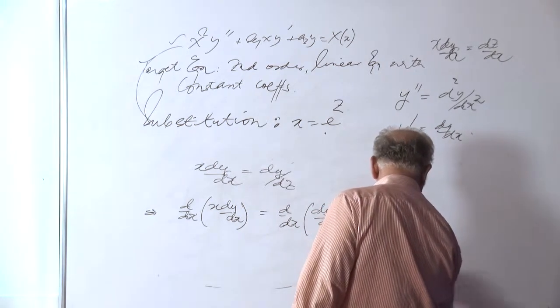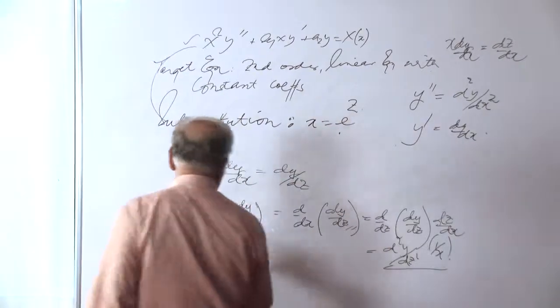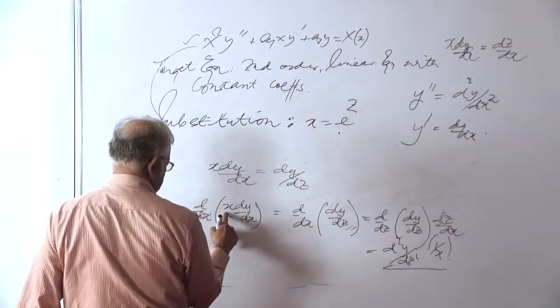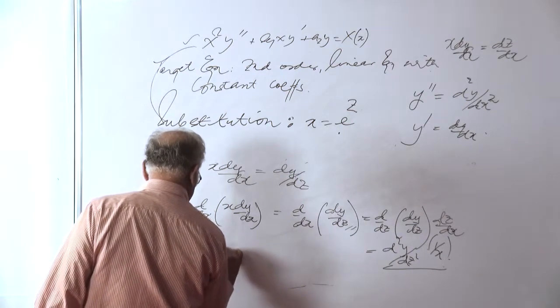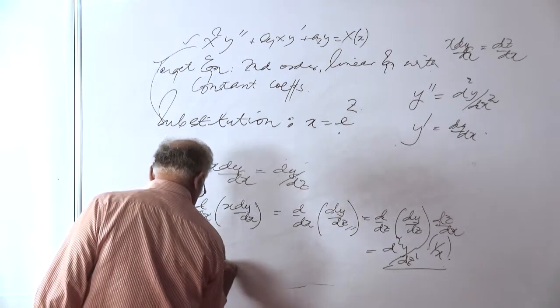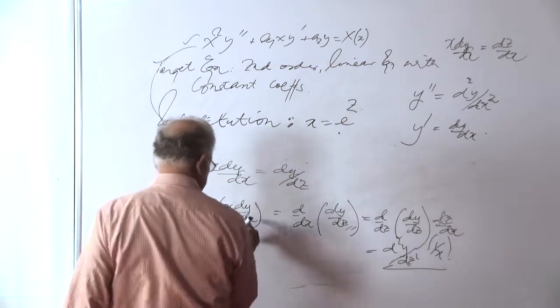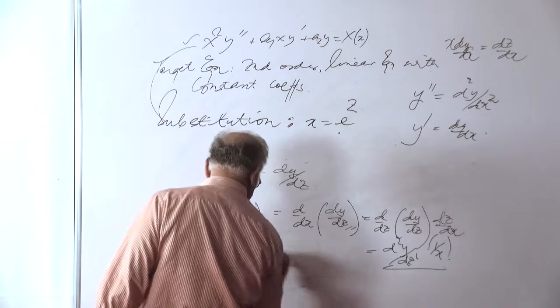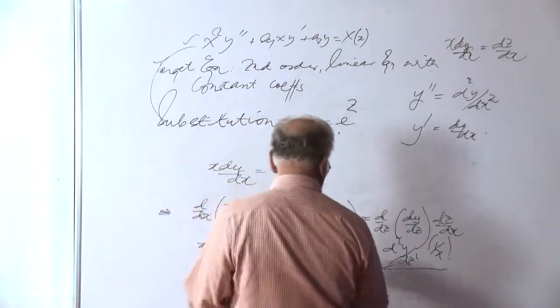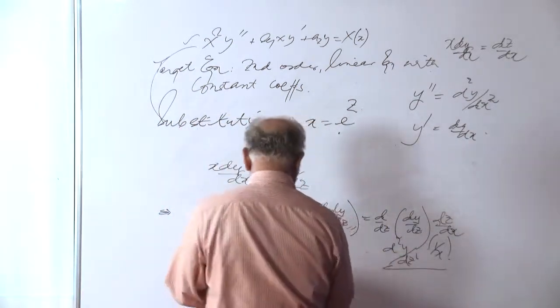We'll capture this here. On the left hand side, first keep dy dx constant and differentiate x: x d2y dx2, plus keep x as it is and differentiate y, giving dy dx. So these two are equal.